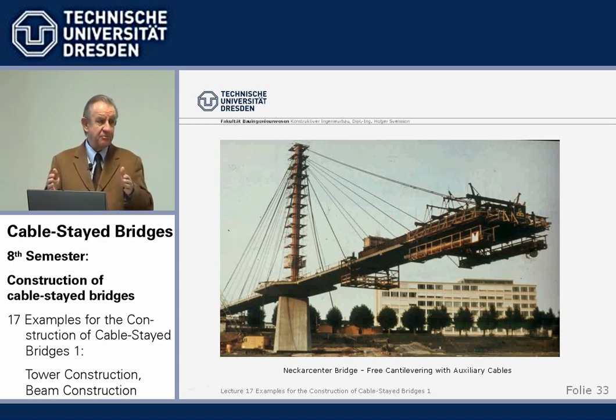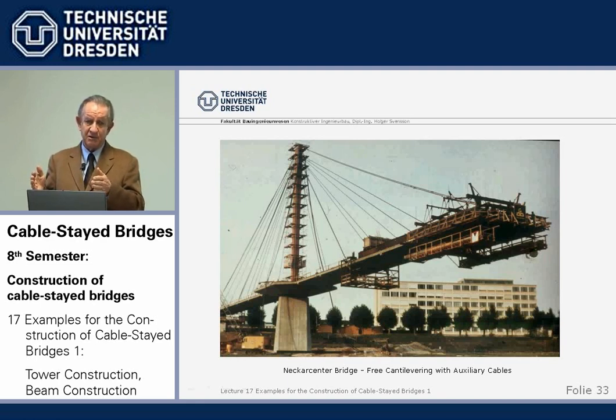The length of the cast in place section is the distance of the cables. So we have cable distances between 10, 12, 15 meters, and there we have then a free cantilever until the concrete is hardened and the cables are installed of something like 10, 15 meters.